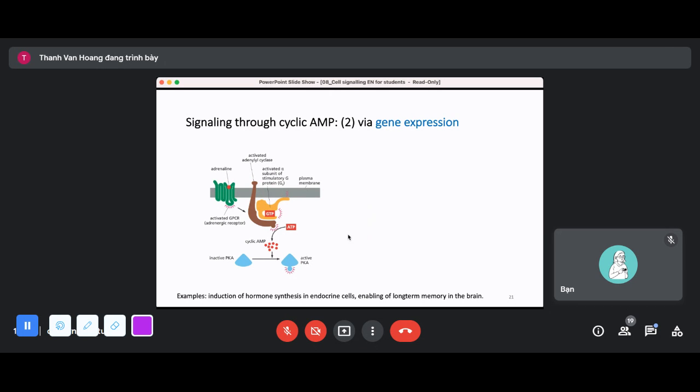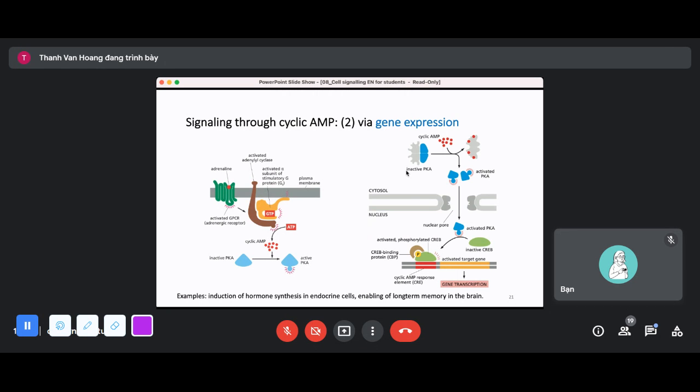So cyclic AMP here can interact with and activate protein kinase A. The protein kinase A will go into the nucleus and interact with its specific factor to induce gene expression. For example, in our brain, when we learn something new, or when we have to memorize something, cyclic AMP and the signaling through protein kinase A play a very important role.